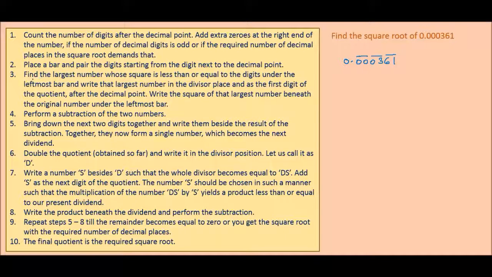Rule number 3. Find the largest number whose square is less than or equal to the digits under the leftmost bar. The leftmost bar is containing the two digits 0 and 0. First of all, let me put this sign.